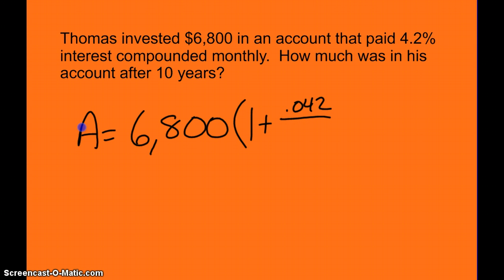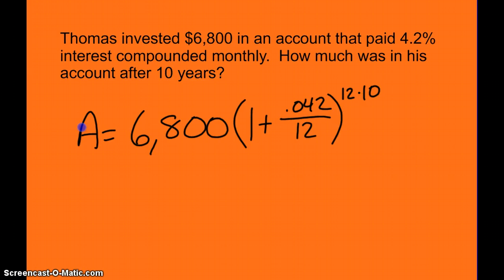The only difference is now the rate is going to become the numerator over our N value. N refers to the number of times we're going to compound per year. So therefore, if we're compounding monthly, there's 12 months in a year. My N is 12, to the power of 12 times 10, because we do N times T, where T is the number of years.